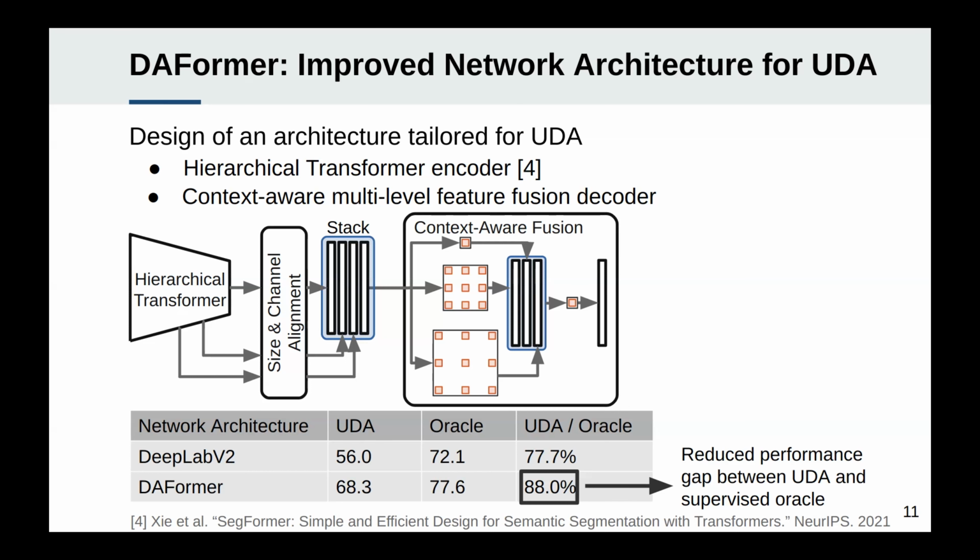That's a measurement of how well the network is doing relative to its capacity. Oracle performance is the best you could achieve when you have all the labels, and UDA is what we actually achieved. DeepLab version 2 achieved 78% of its capacity, and our architecture achieved 88%. So we significantly narrowed the gap between unsupervised domain adaptation and supervised learning.